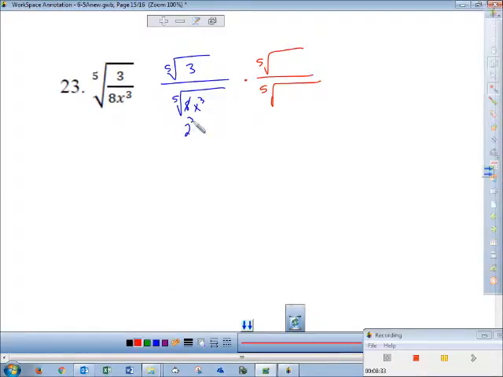So I have 3 base 2's. I need a total of 5, so I need 2 more. And x's, I have 3 already. I need a total of 5, so I need 2 more. And that would really be 4x squared is what you really got in there. And what you have down here, nothing but the base. And up here, fifth root of 3 times 4 is 12x squared, baby.